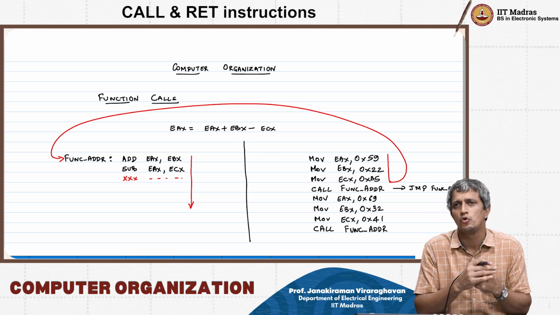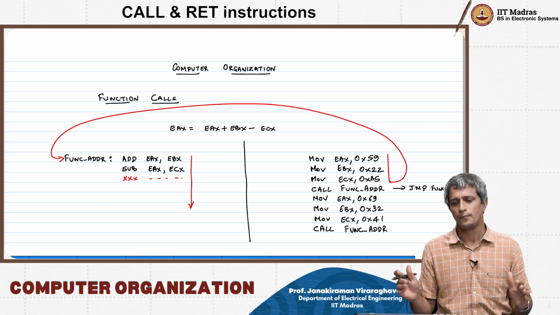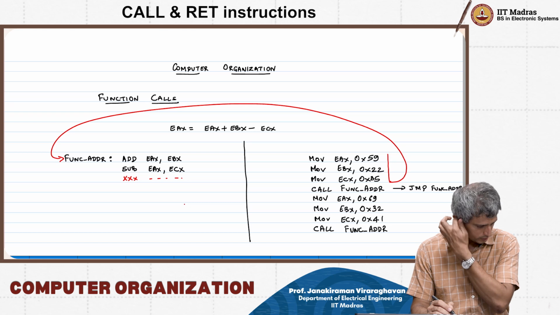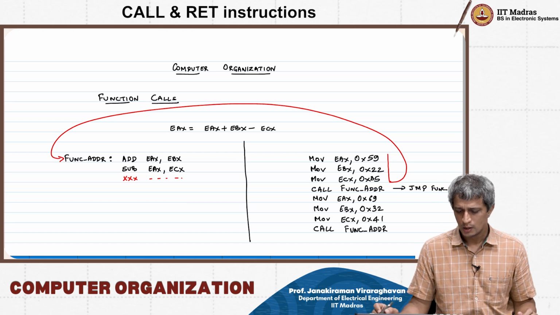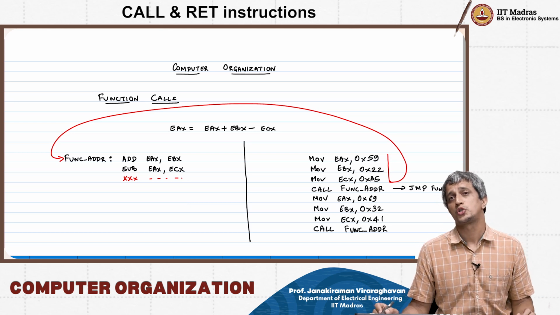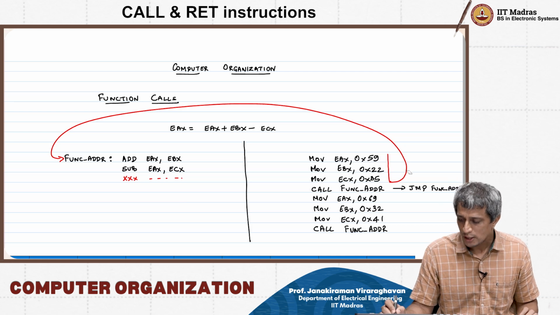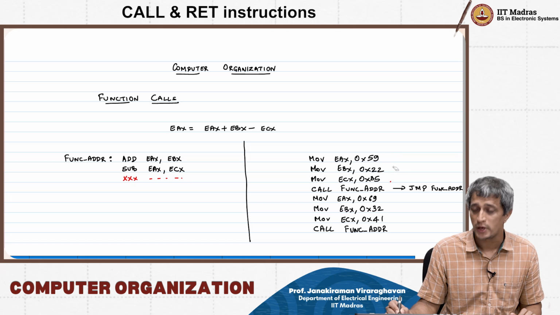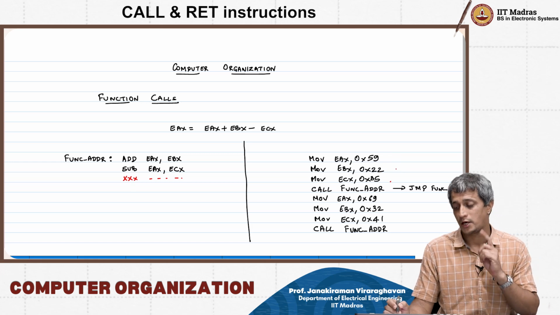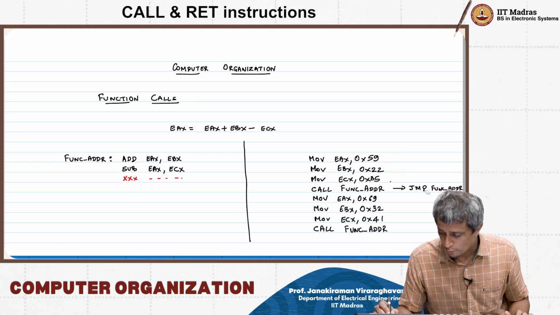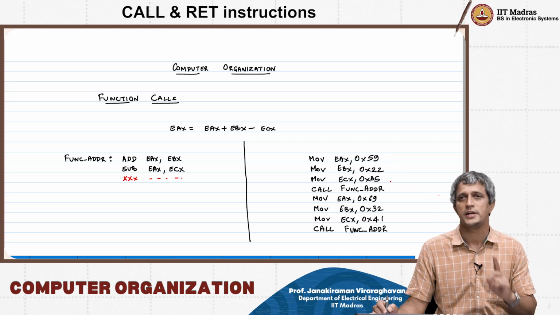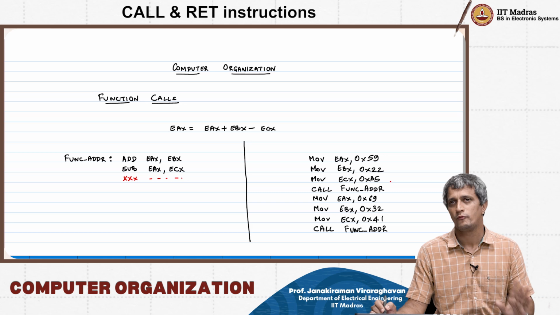And therefore, you will get complete garbage in this process. So what we want to do is to be able to manipulate this so that you not only go there, but you also come back appropriately. Just a blind, unconditional jump is not going to solve this problem for us.